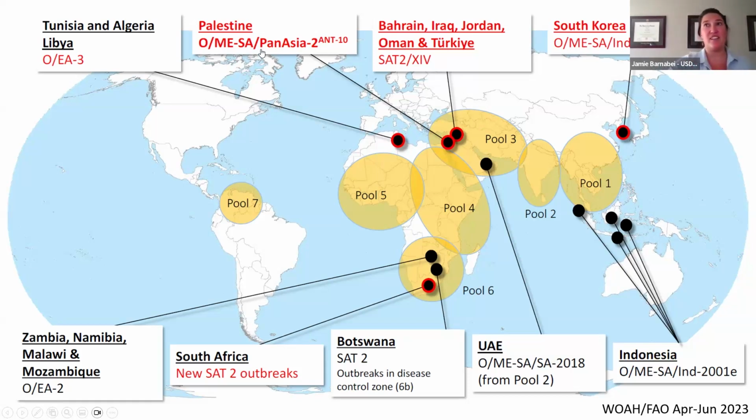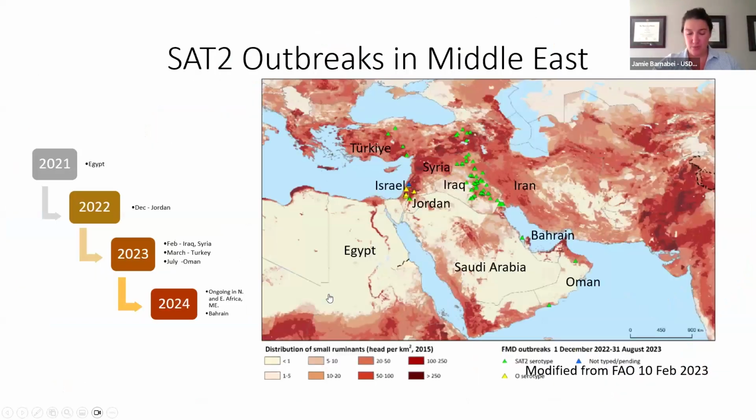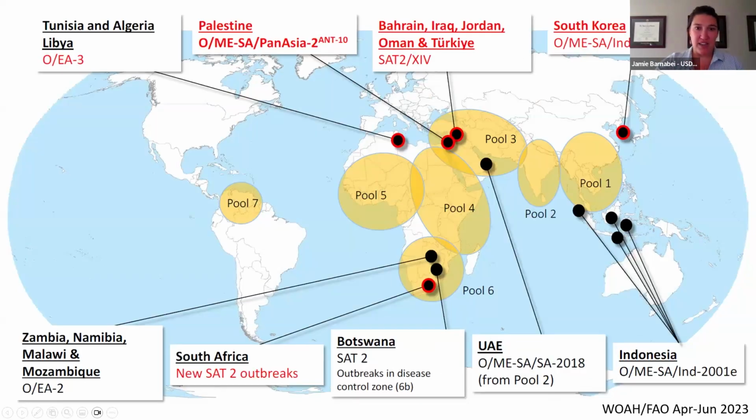And then we saw Palestine, and this strain, this Middle East, Southeast Asia, Pan-Asia 2 strain, it's really being classified as a pandemic strain. It's causing outbreaks everywhere for us. So you can see down here in the United Arab Emirates, down here, a similar strain from pool 2. We're starting to see this creep up, and it's continued to creep up in a variety of places.